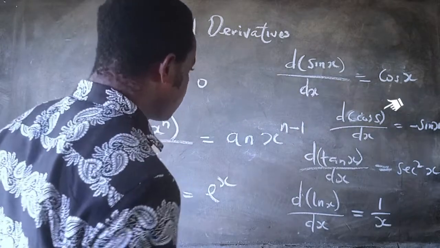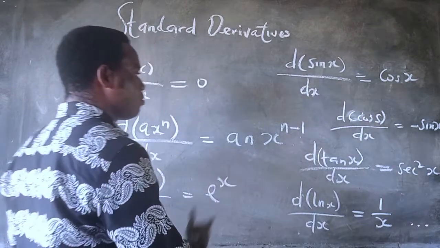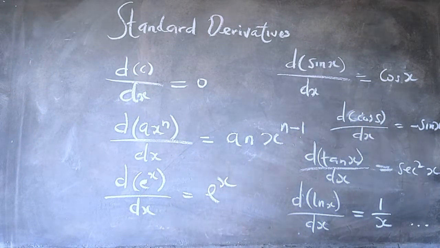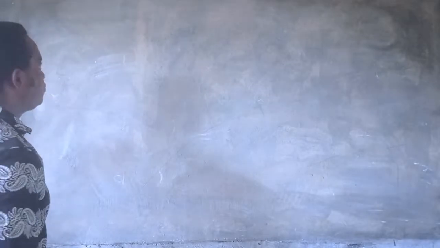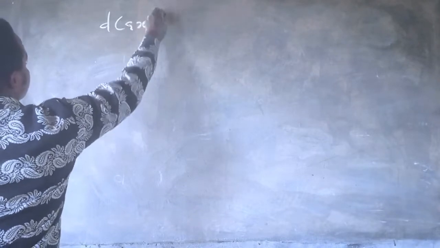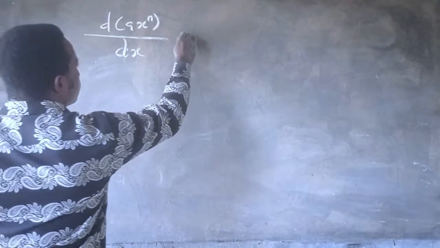Please just take this as basic knowledge that you need to remember every time you have to calculate the differential coefficient of a function. So these are some of the standard derivatives. Now let's go on and see a problem where we can apply this standard derivative.